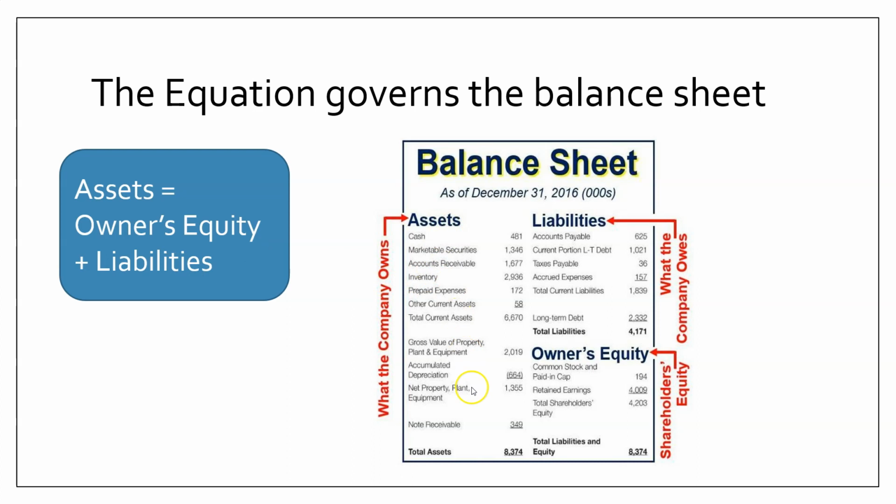The total of assets is $8,374. On the right, liabilities are $4,171. If we add the total of owner's equity, being $4,203, we get a total of $8,374. So our assets on the left equal the sum of liabilities and owner's equity on the right.